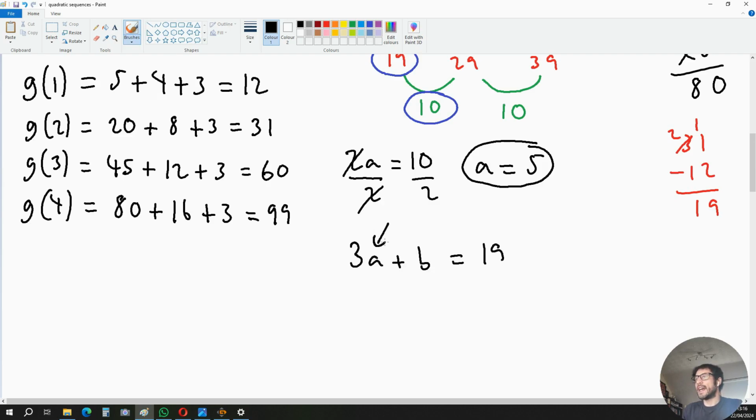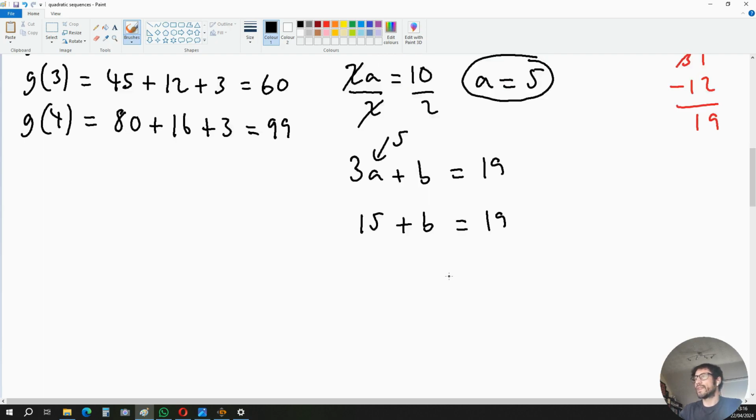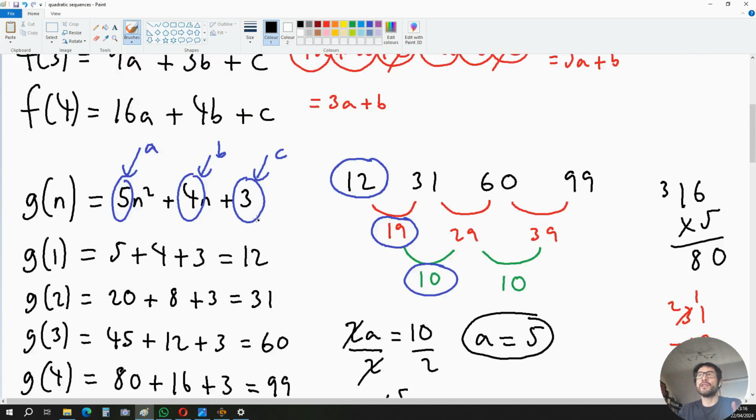But remember, a is equal to 5. 3 times 5 is 15. So we get 15 plus b is 19. If we subtract 15 from both sides of this equation, we get b is equal to 4. Okay, so we know that b is equal to 4. Is b equal to 4 though? Yes, it is equal to 4 because we can see that over here.